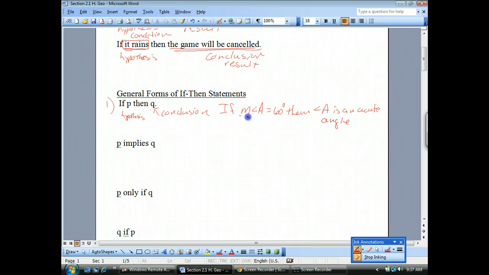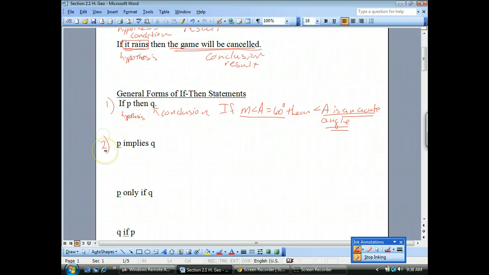So the hypothesis, or the condition, is that measure of angle A is 60 degrees. Then we conclude that angle A must be an acute angle, because by definition, any angle of measure between 0 and 90 degrees is an acute angle. So that is the first and of course most common form of conditional statements.